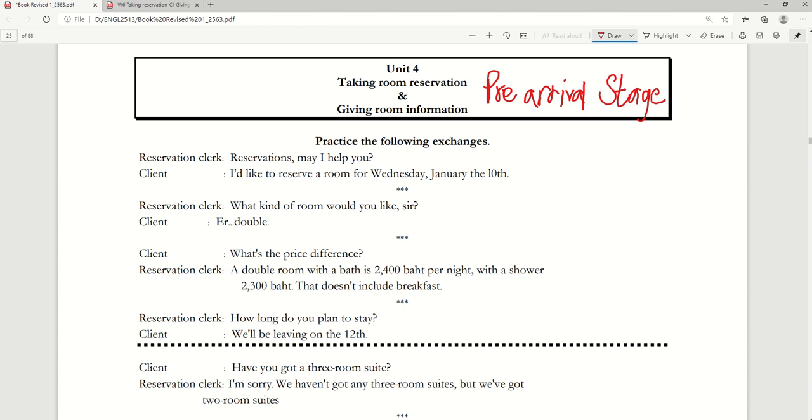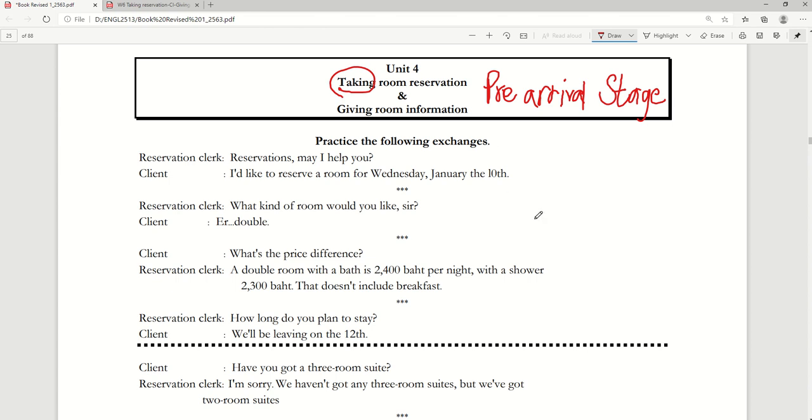And I have just mentioned the word take because from now on, you are hotel staff. So taking room reservations and giving room information to guests. Okay, let's start from taking a room reservation.